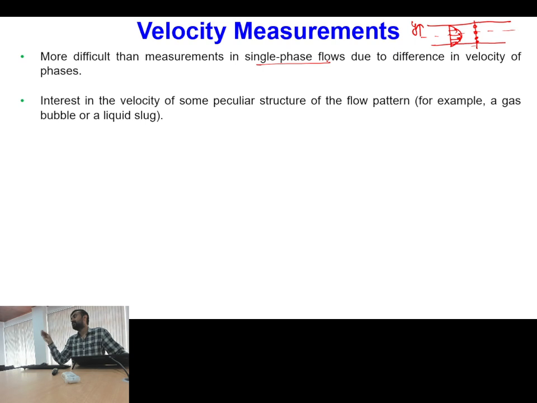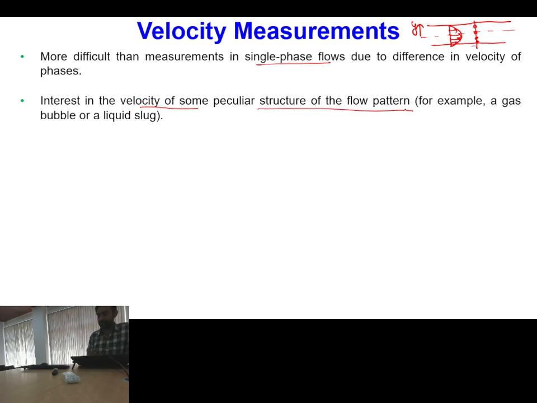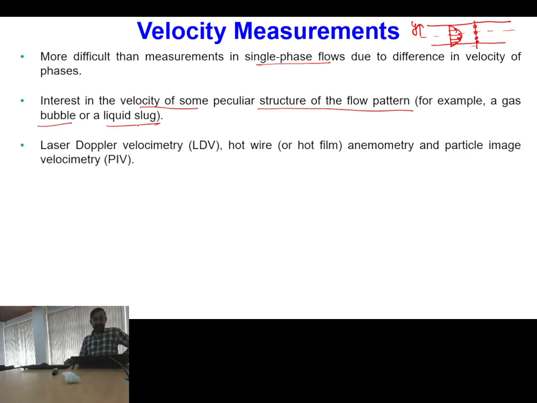In real circumstances you will always find some relative velocity between the two phases. Then, majority of the time our interest in velocity measurement is of some peculiar structure, which can be a gas bubble or liquid slug. In multi-phase flow, majority of the time our interest may be to determine the velocity of the continuous phase, but many times it may be to determine the velocity of the bubble which is flowing in the continuous phase.